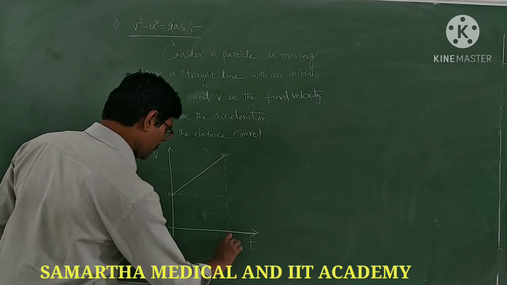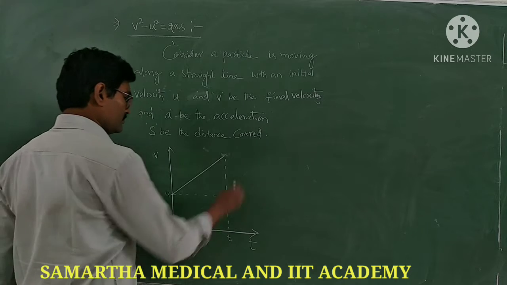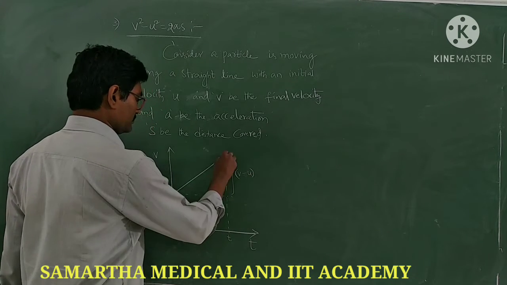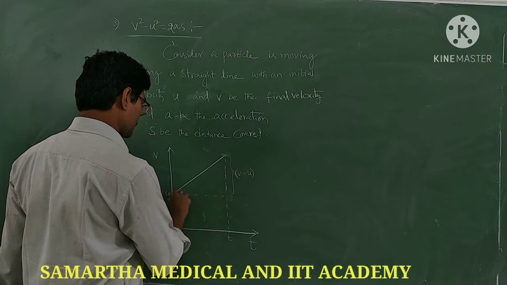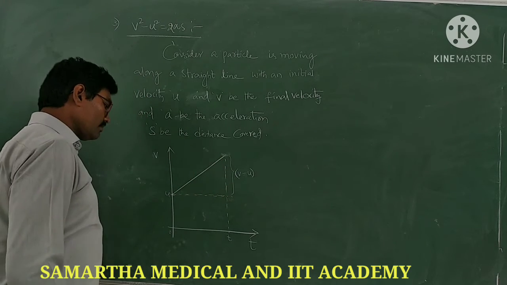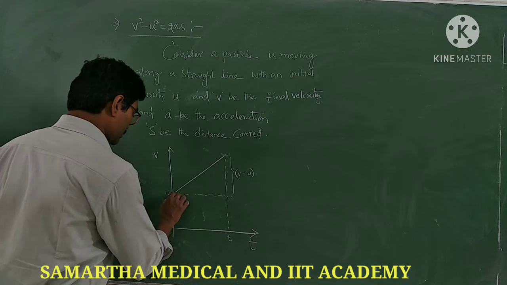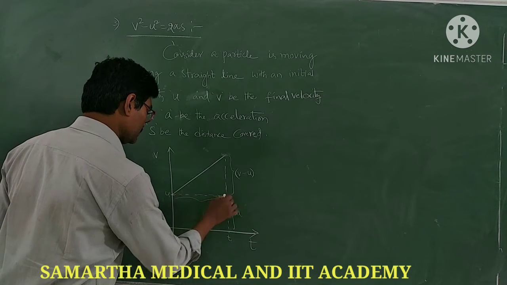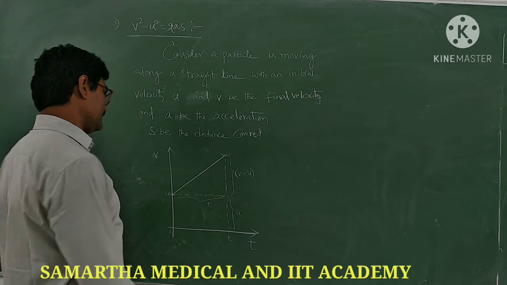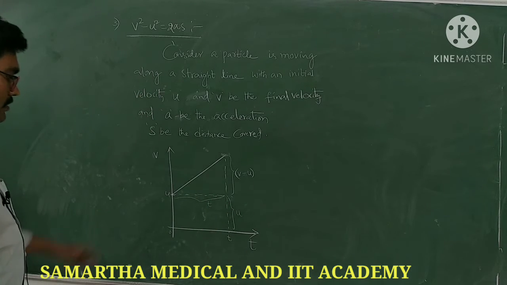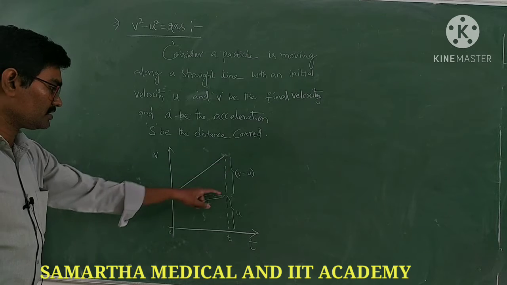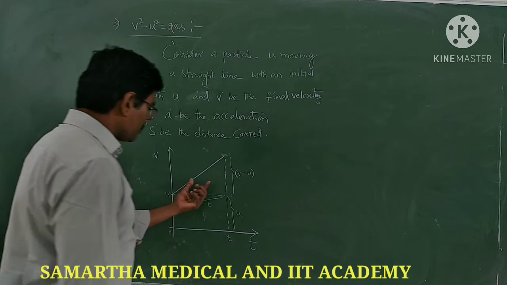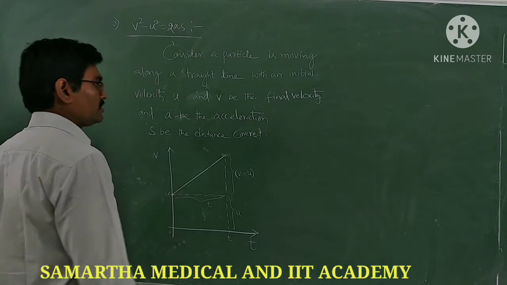From 0 to t seconds, this part is v minus u, a triangle. Until here it is u, and this is t. Now I want to calculate the area covered under the curve, and the slope of this curve. I need to calculate both.